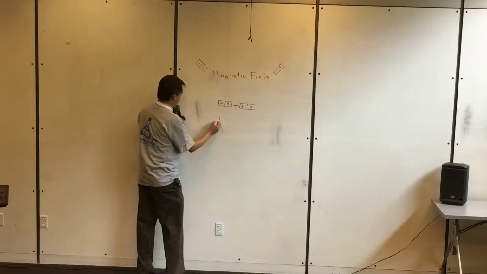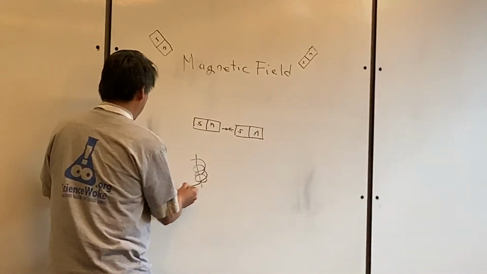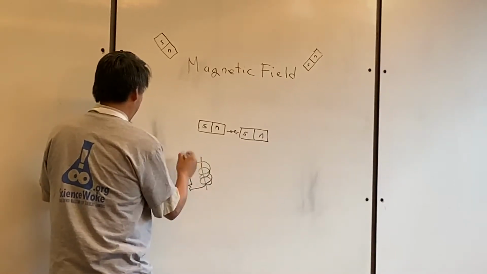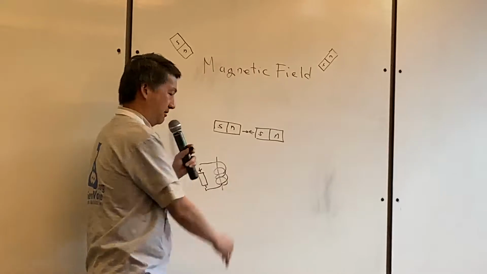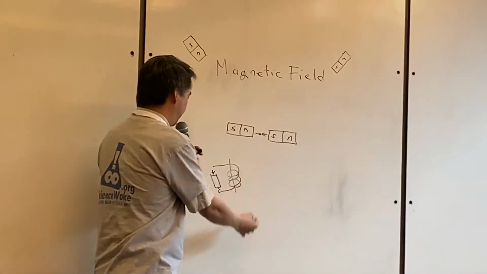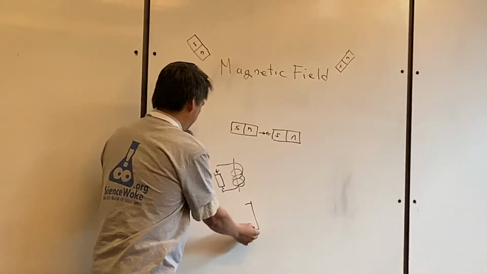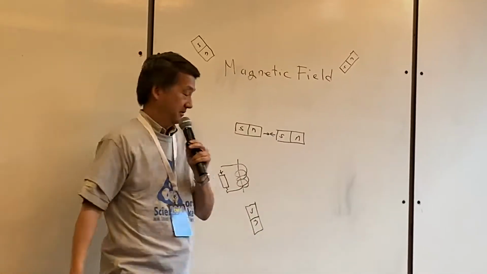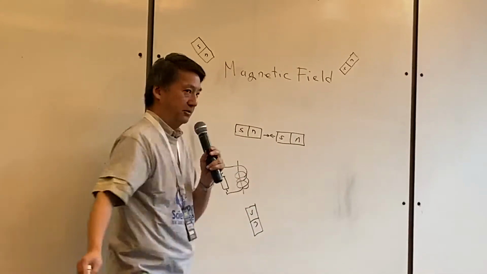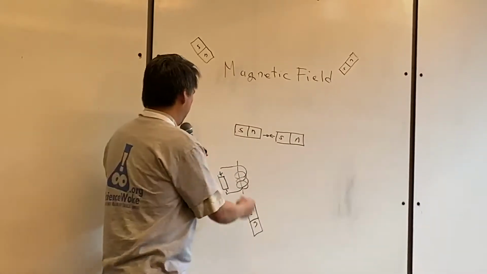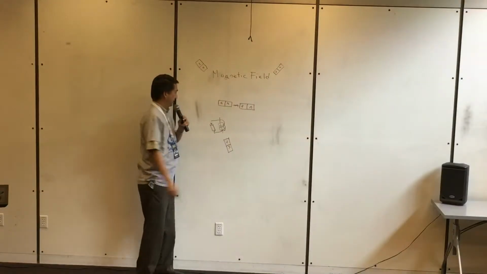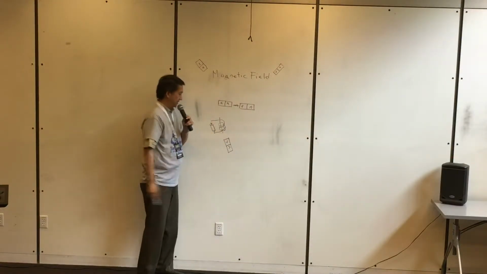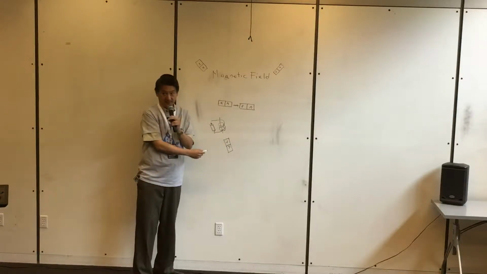So if I take a nail and I wrap it with wire and I put a battery on that thing, this too somehow creates the same magnetic field, and if I put a magnet in the presence of this coil, it will act just like another ordinary magnet. So that's a mystery.